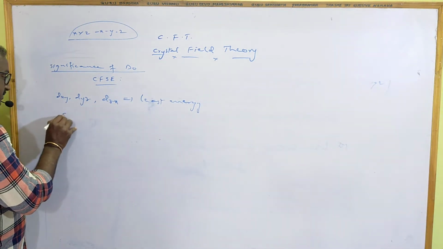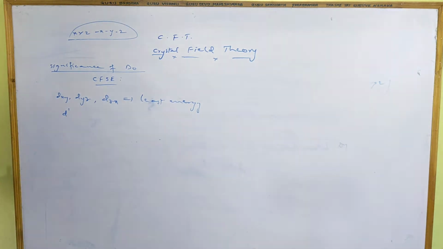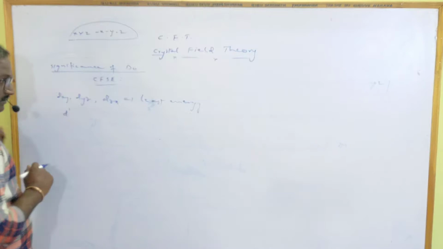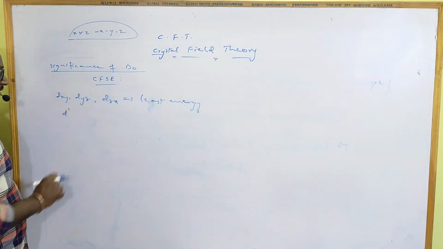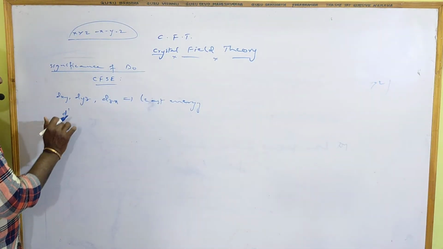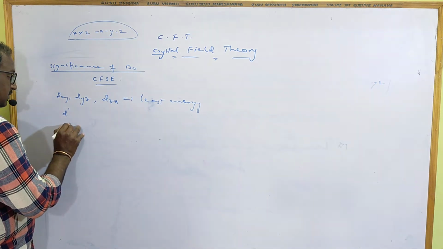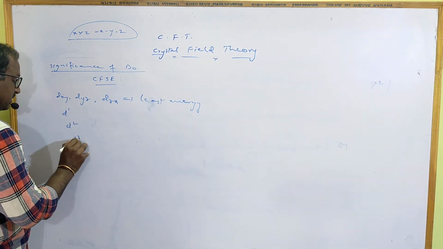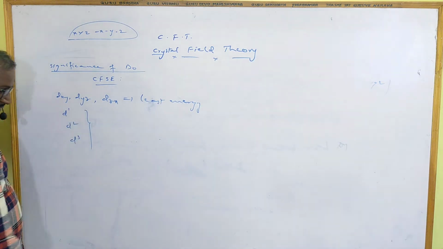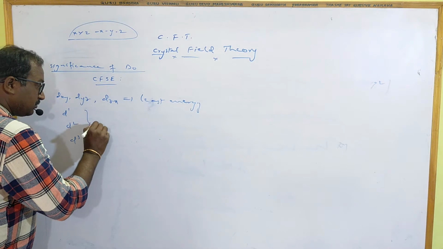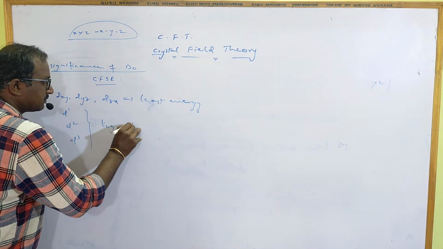So for d1, d2, d3, these 3 electrons enter the T2g orbitals.